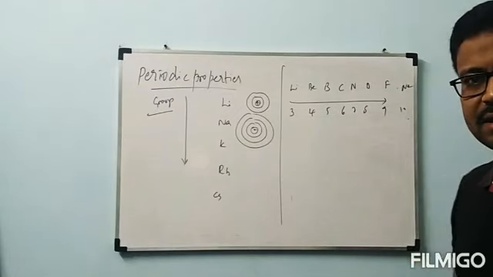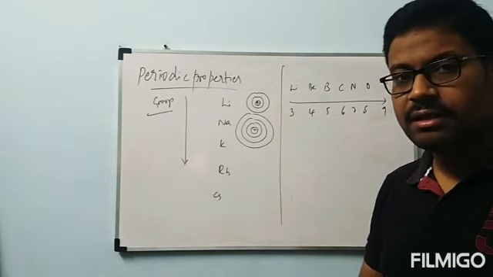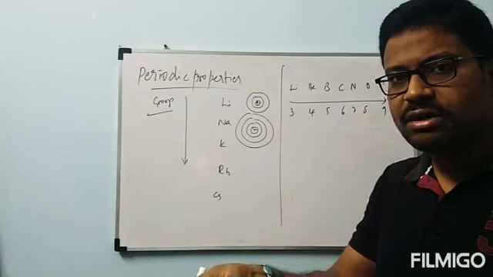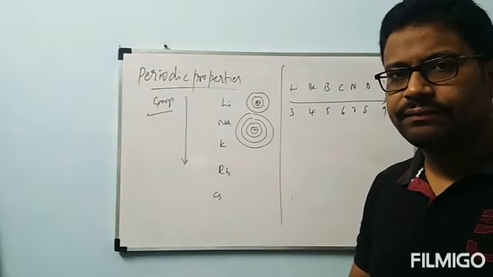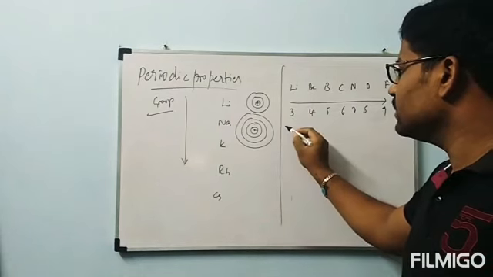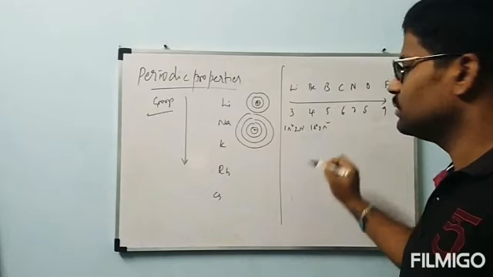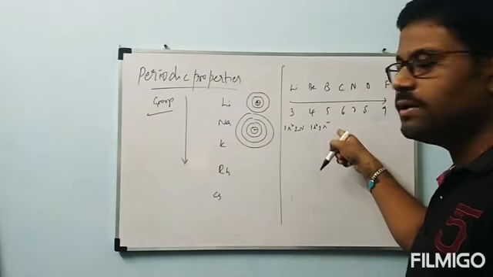When atomic number increases, the number of protons in the nucleus increases. Nuclear charge increases. But the newly coming electron is entering the same shell. What is the electronic configuration of lithium? 1s2, 2s1. Beryllium, 1s2, 2s2. Next, 1s2, 2s2, 2p1.